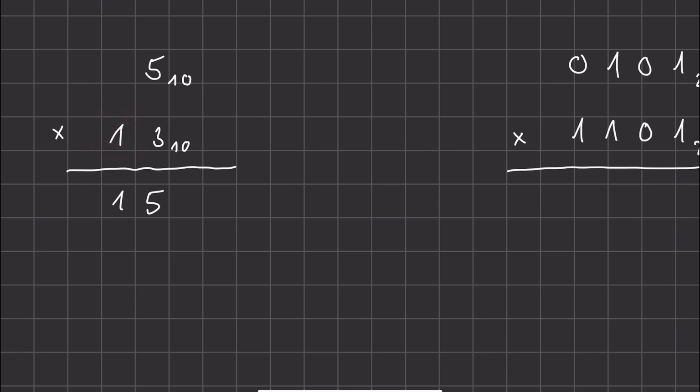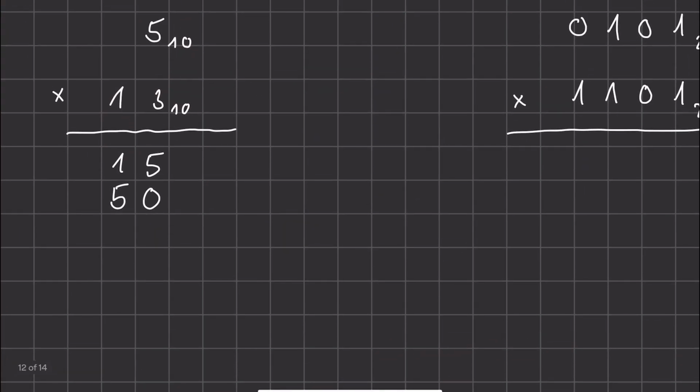Where we started writing our 15 from the right in the first position, we would start writing in the second position for the next number. So 1 times 5 would be 5, and we write our 5 here, and then fill the positions up until the first position with zeros. This is the same as multiplying 10 times 5, so our result is 50 here.